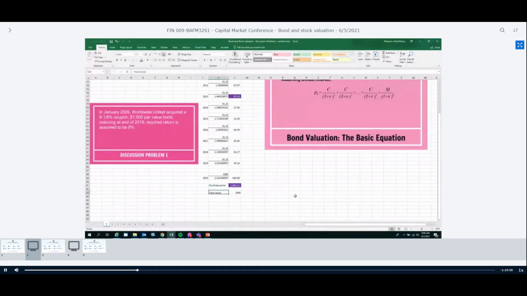Ano nga yung tawag dun sa difference ng dalawa? Anyone? May idea ba? Diniscuss ko to nung first session natin. O sige, okay lang yan kung hindi na maalala. So, we call this premium.